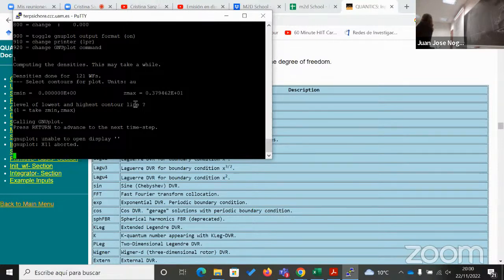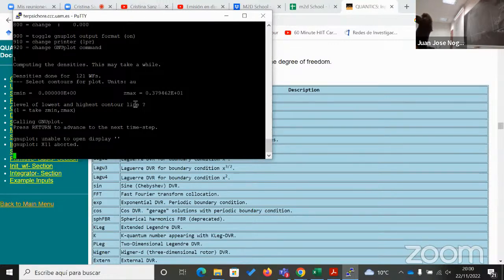Try and increase the vibrational state so your molecule is more open, and see how the wave packet actually evolves. So you have it all set in your user and your home directories now. It's going to be there for all the time that you have the user and the account. So try and run it. And if you have any problem, just write an email to me, okay? And then I can help.